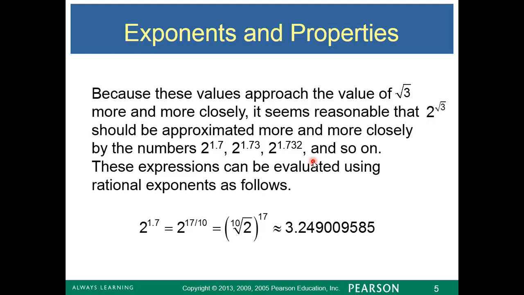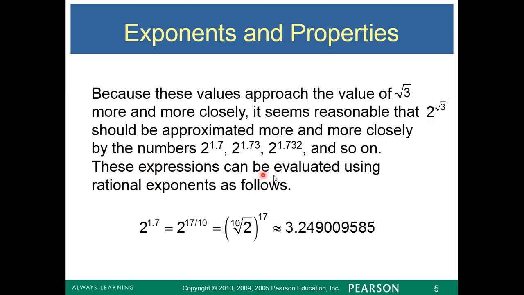Now, because these values approach the value of the square root of 3 more and more closely, it seems reasonable that 2 to the square root of 3 should be approximated more and more closely by the numbers given here. So the closer this number gets to the square root of 3, the closer 2 to that power will be to the correct answer. That should be intuitive.